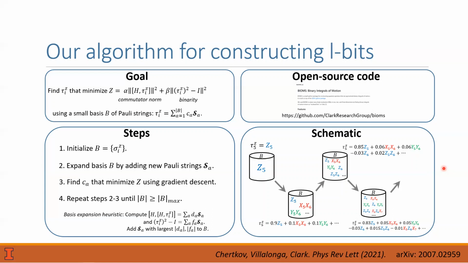Yeah, I think you would basically still get something like an L-bit, but probably the way the L-bit decays in space is different. The scaling of how localized it is is probably different, or maybe how well it commutes with the Hamiltonian scales differently. If that makes sense.